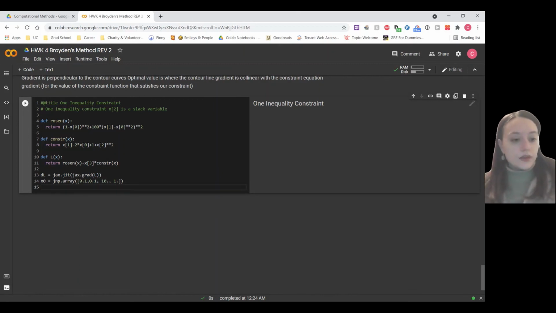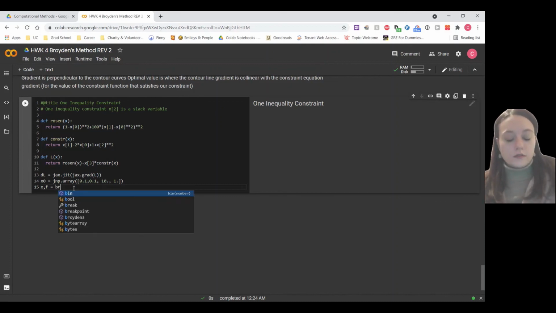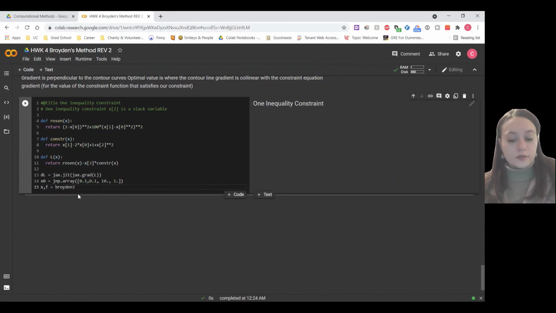And then once we have that, we're trying to find our value of x and our value of f, for x being all those values we were looking for: x value, y value, slack variable, and the Lagrange multiplier. And so now we're going to plug in our function Broyden's 3.